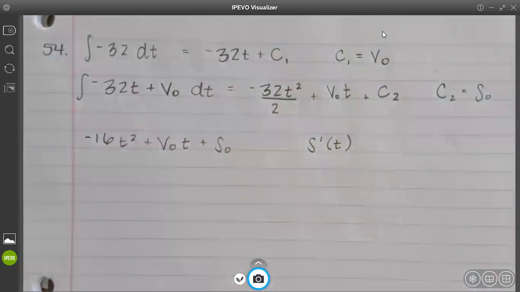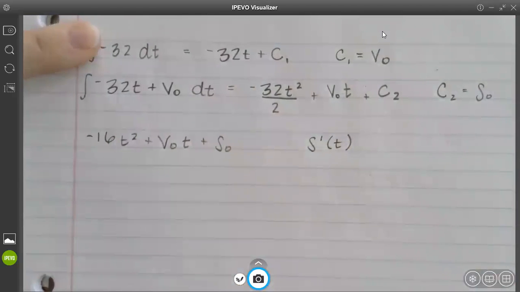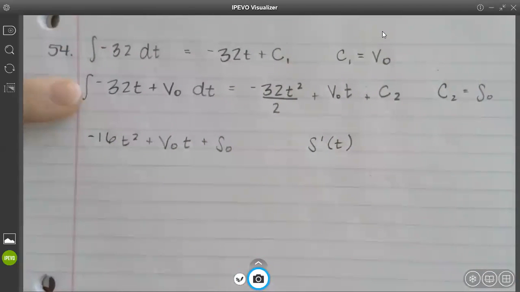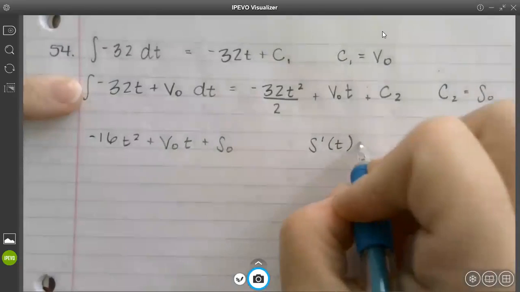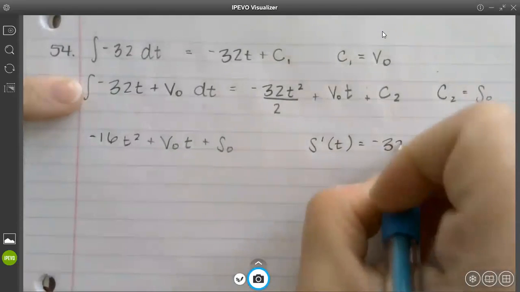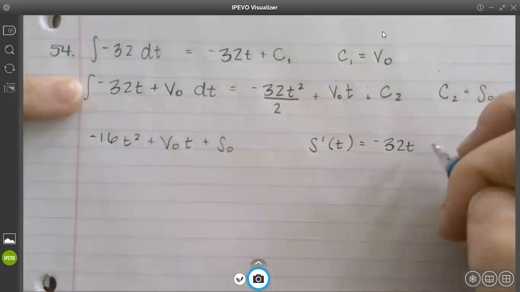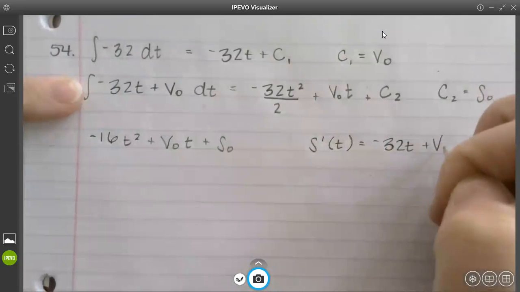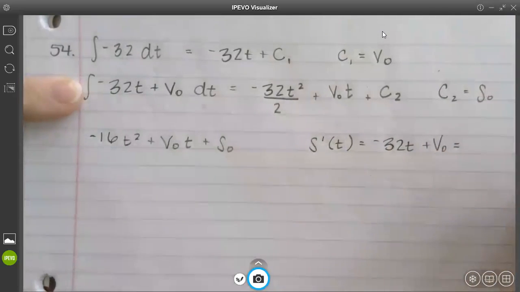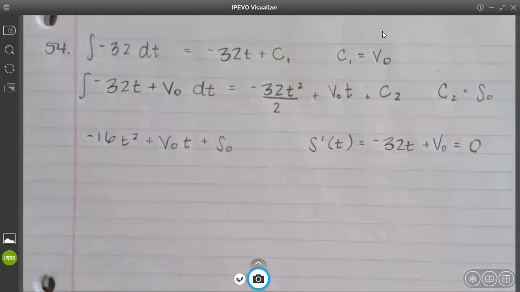Your equation is your S prime of T. So if this one was double prime, this one is your prime. Does everybody understand that? Okay, so we're going to use that: equals negative 32t plus V sub O, and we want it equal to 0.